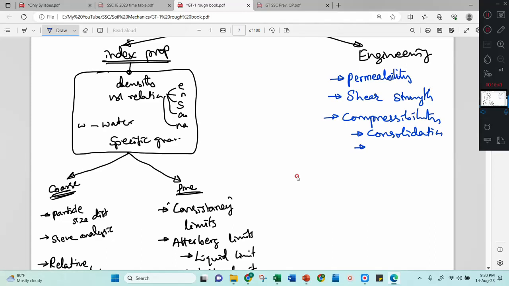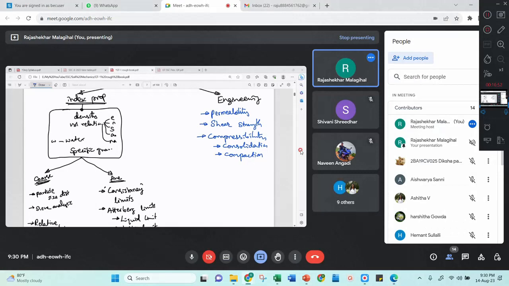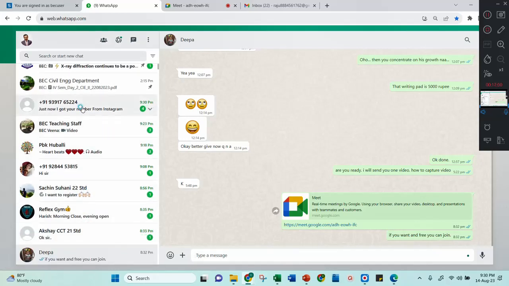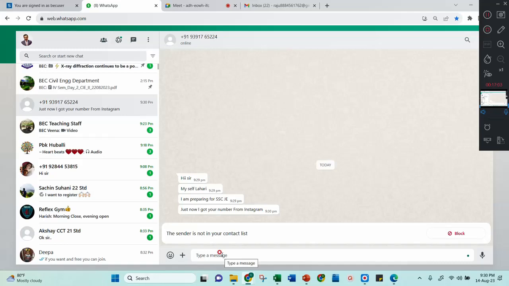Then we have compaction. Okay, these all are engineering properties of soil. Right? Any doubt?